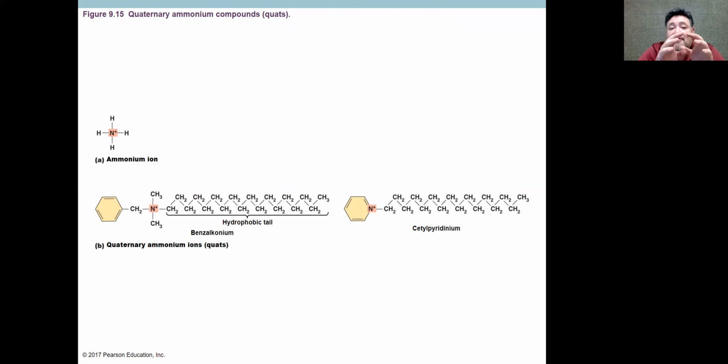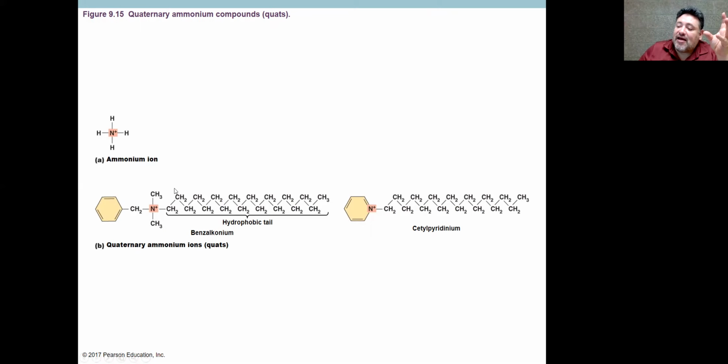Well, a detergent has to have both hydrophobic and hydrophilic character. It has to have hydrophobic character so it can associate with the lipid that you're trying to get rid of. And then it has to have hydrophilic character so it can associate with the water that you're using to wash that lipid off. So any surfactant, any detergent, any wetting agent is going to have both hydrophobic and hydrophilic character.